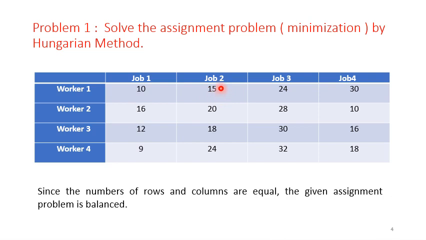Similarly, worker 2, if assigned to job 3, will incur a cost of 28 rupees, and so on. These are all the cost elements of assigning a particular worker to a particular job. Worker 4, if assigned job 4, will cost 18 rupees for the company.